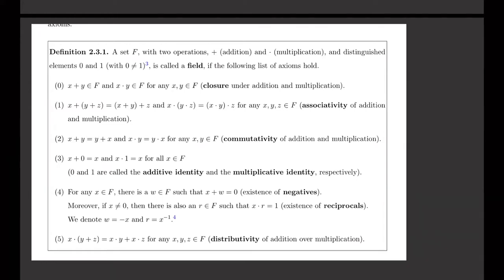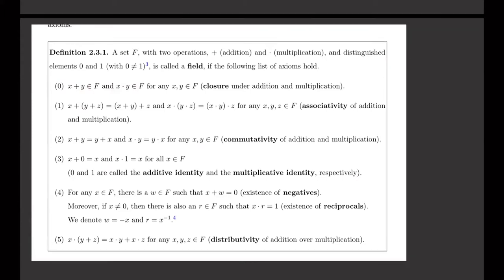It should not be a number outside of the set. Okay, that's what it means. Like the sum of two numbers in the set has to be in the set, and the product of two numbers in the set has to be in the set. So I check this one first, then I check this one, then I will check existence of negatives and reciprocals.